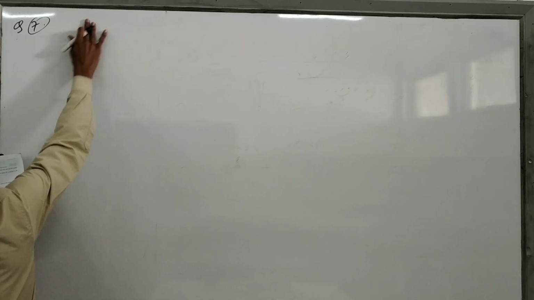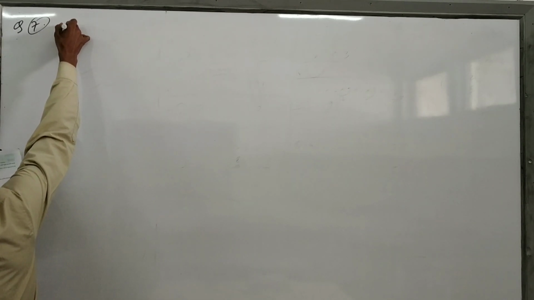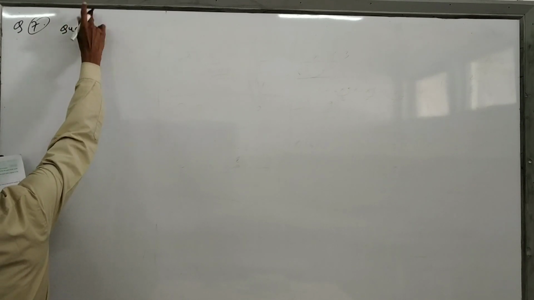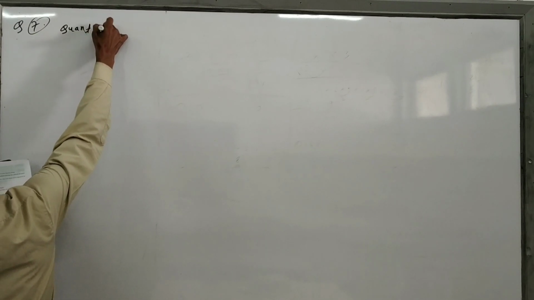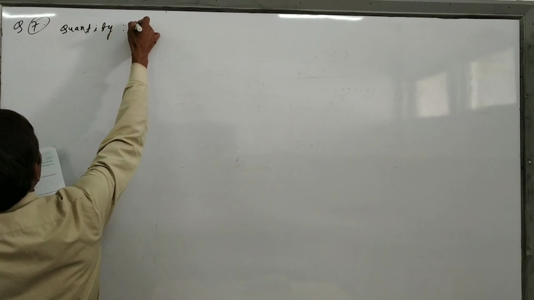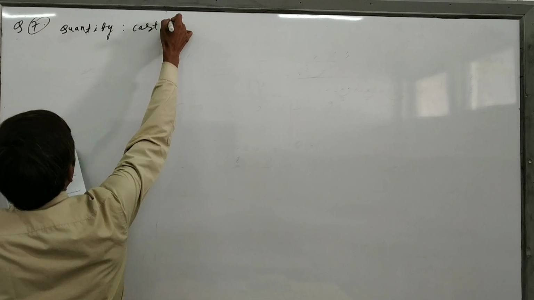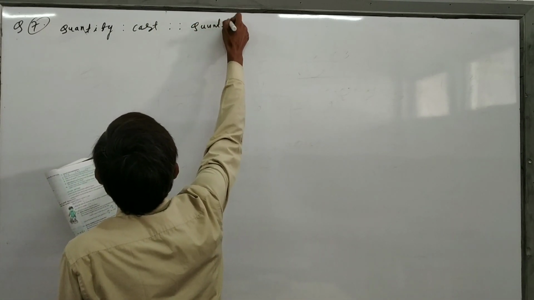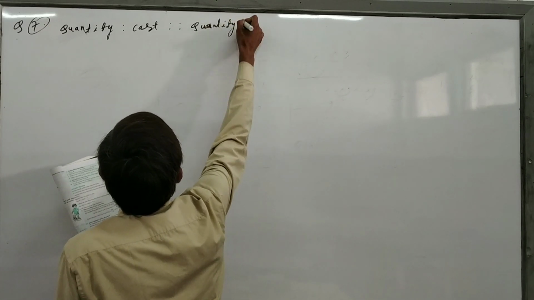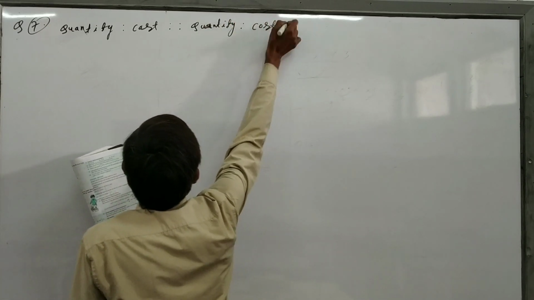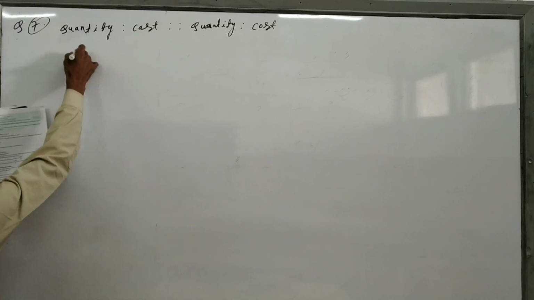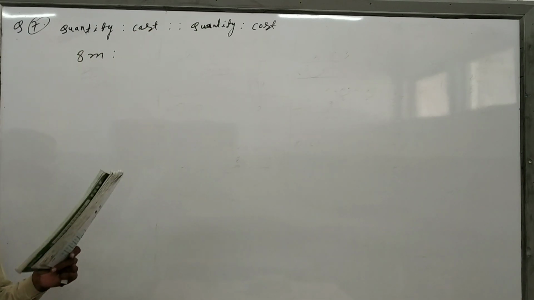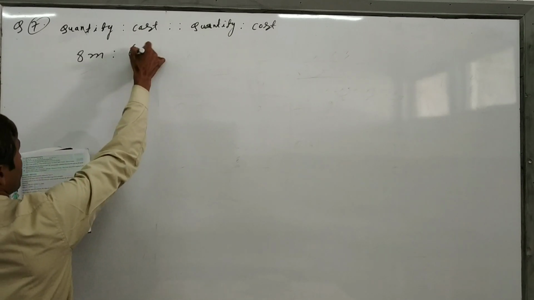Quantity ratio cost, proportional, again quantity ratio cost, like this. So here first quantity is given, 8 meter. So we have to write in proportion 8 meter, proportional 600 rupees.